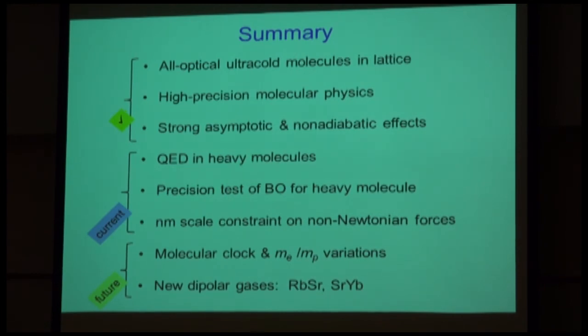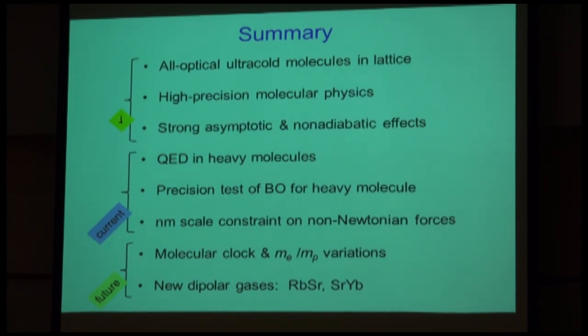Well, maybe I didn't make myself clear. I'm thinking whether the molecule is sitting in the ground vibrational state with respect to its own center of mass motion in a lattice site, as opposed to its own vibrational state. Like Lamb-Dicke type? Yeah, exactly. That's right.